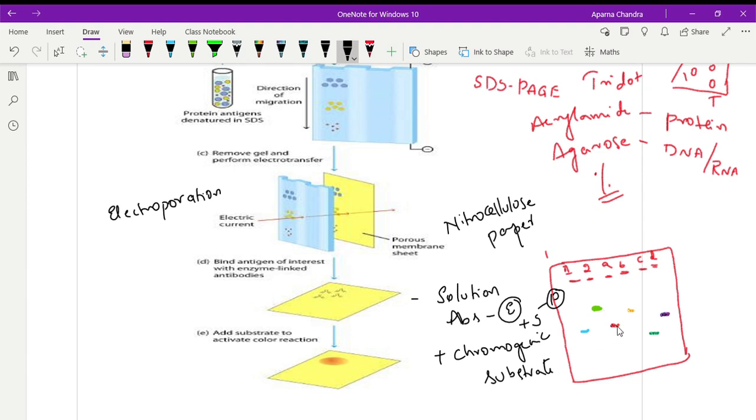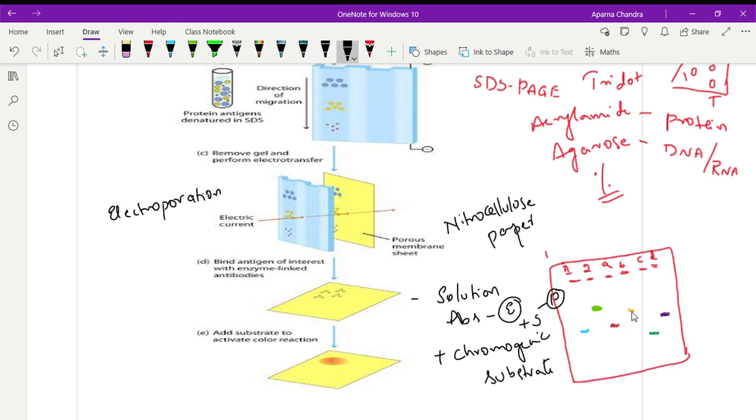So if you are seeing any spot in any person's sample which is matching with that particular thing, for example, if you take the case of A sample, that A sample has developed a colored spot, and that colored spot is matching with one spot, it is at that position. So what you confirm is that the A person is suffering with HIV-1 infection, because the antibodies are tagged and the colored reaction is seen here.